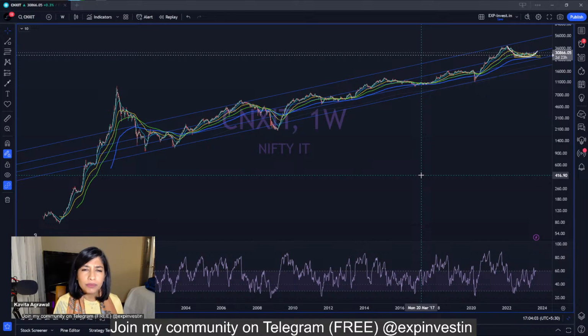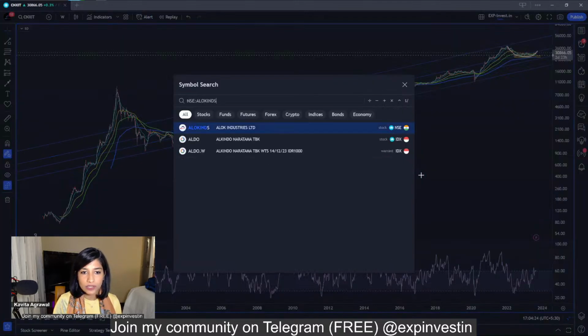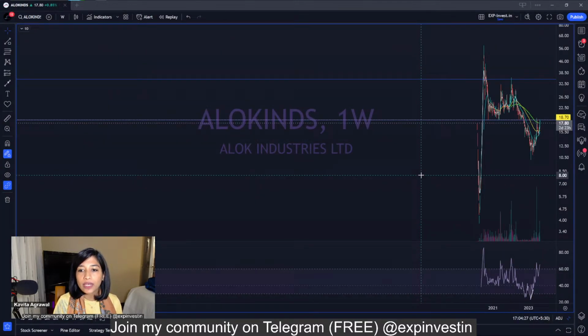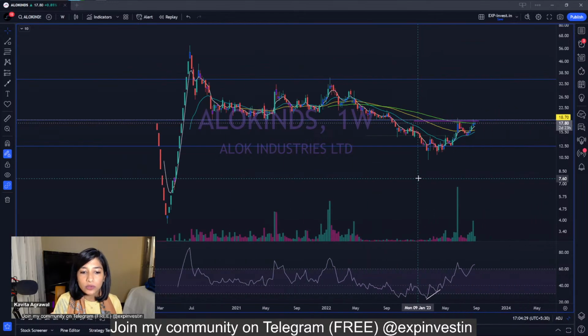Sure, there are times when the trend is not very clear, or a stock may have IPO'd just a few months or few years back and may not have established a dominating trend like we see in the charts of Zomato or Nykaa or Delivery, which are relatively newer stocks. But then there are also stocks like Alok Industries, for instance, I'll show you, where a very good trend is very difficult to discern, even though the stock has been listed for more than 2 years.